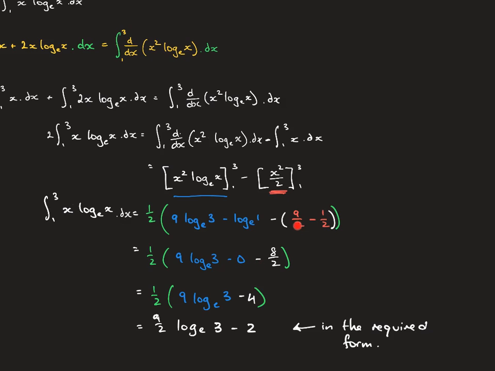Take away 9 over 2 minus 1 over 2 is 8 over 2, so we end up with 9 log to the base e of 3 minus 4. If we then multiply through by that half, we get 9 on 2 log to the base e of 3 minus 2, and that is in the form that's required by the question at the start.